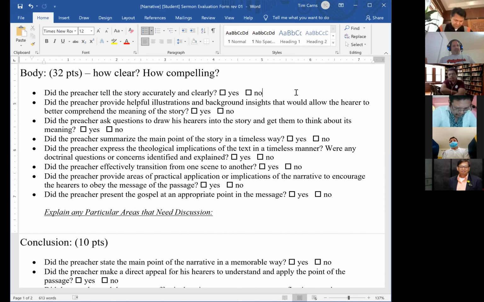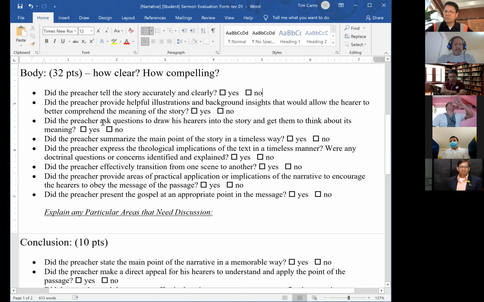For example, if you're preaching through Exodus 32 and you're in the scene where Aaron's making the golden calf, you might ask a few questions like, now, what do you think God's going to think of this? Is there anything God had said recently about making an idol? So I might ask a few questions that are significant to the main point of the story, but I don't answer them yet. I just sort of put it out there.